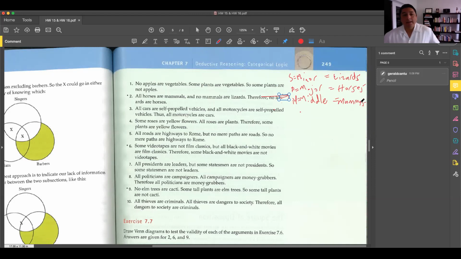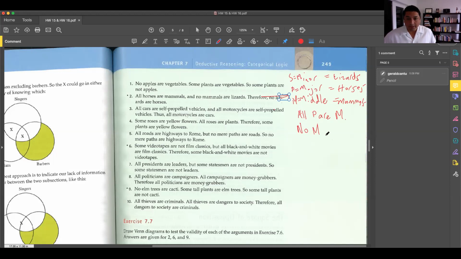Then you have to translate it into symbolic forms. The first one is going to be all, the major premise, and the major term comes first, so it's going to be all P are M. In the second premise, you have no mammals are lizards.